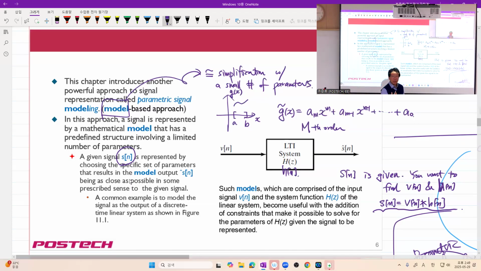So what we do is that, as we learned in this course, not every discrete time system, but the discrete time systems that can be represented or well approximated by a linear constant coefficient difference equation, then we have what?